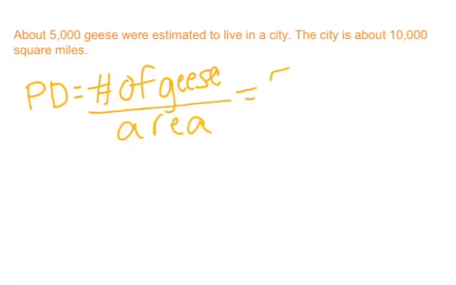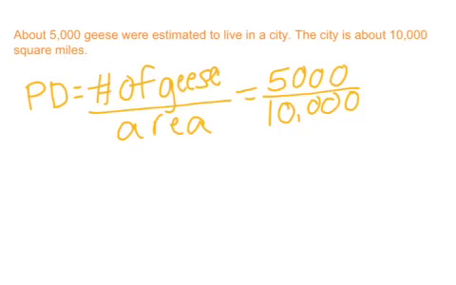So there are 5,000 geese, and we're dividing it by the area, which is 10,000 square miles. So we do 5,000 divided by 10,000, and we find out there are about 0.5 geese per square mile.